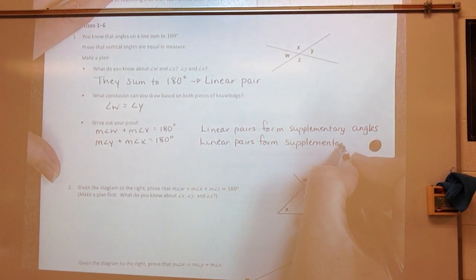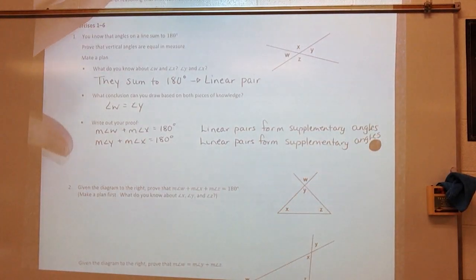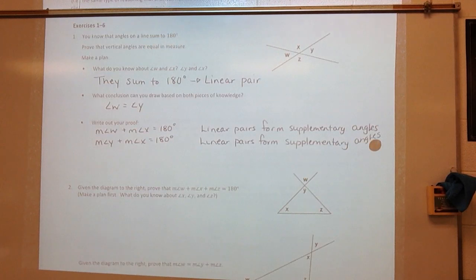I have to know both pieces of information because if I don't, I'm stuck. Just knowing that I have one pair of linear angles, or one linear pair, does not help me.